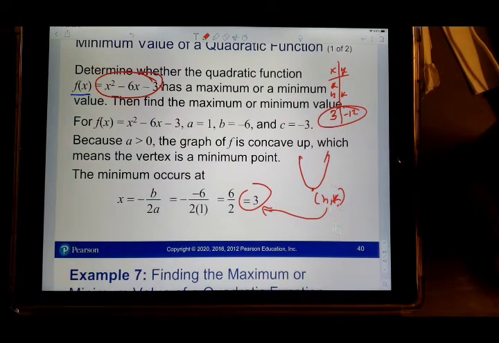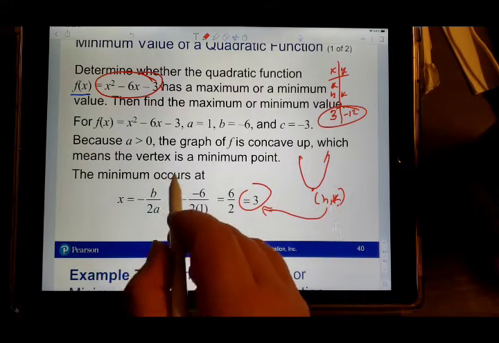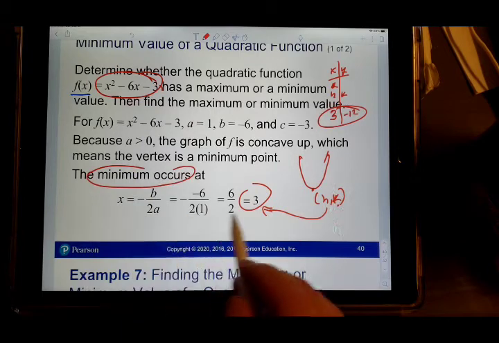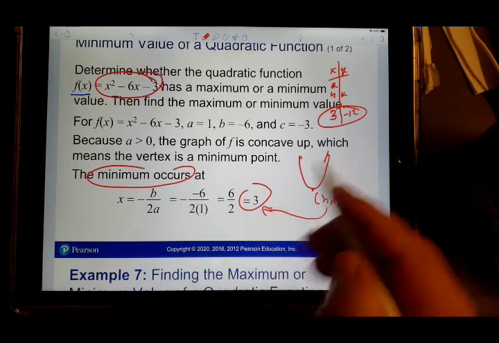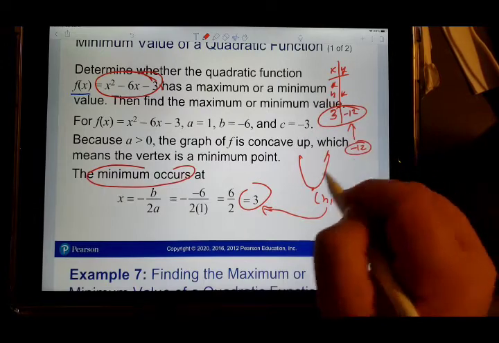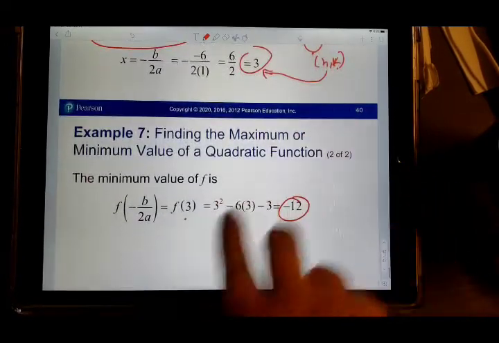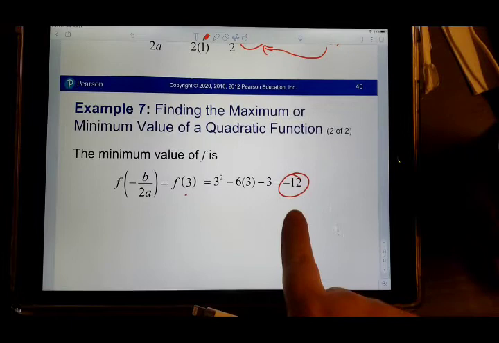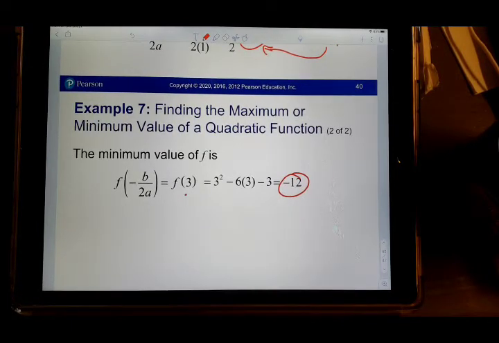So 3 doesn't have an answer. They just say the minimum occurs at x equals 3. But what's the minimum? The minimum is k, or the minimum is negative 12. So all of that work was to find that point. Like I said, that's more of a calculus thing, or pre-calculus thing, finding the maximum or minimum.